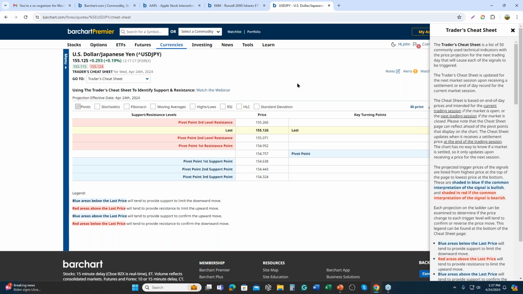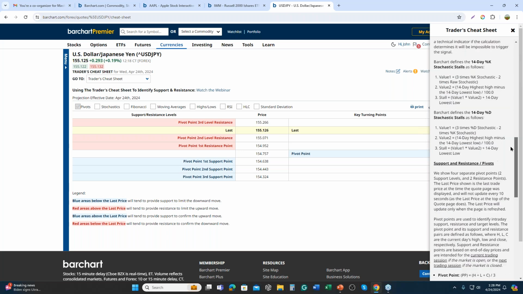In other words, yesterday's range and yesterday's settlement. And they're updated after settlement. In other words, after settlement yesterday, we will create the trader's cheat sheet that you can use for today. Yesterday's prices give you those elements for today's price action.